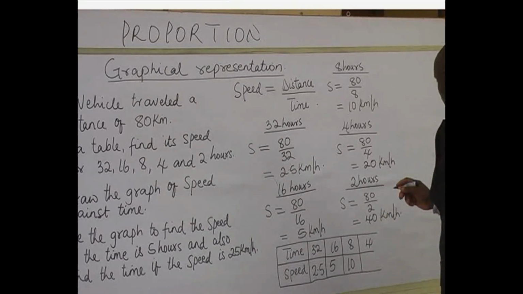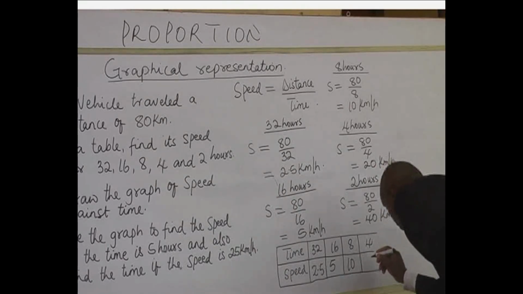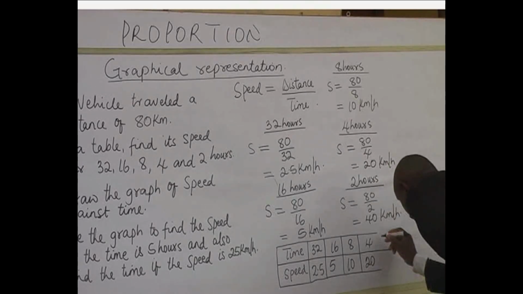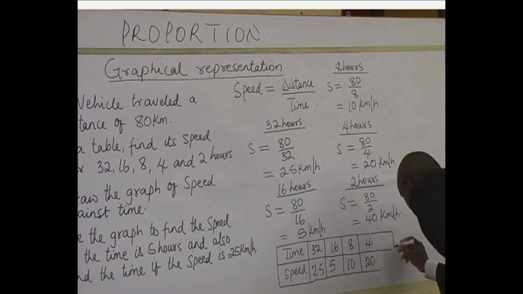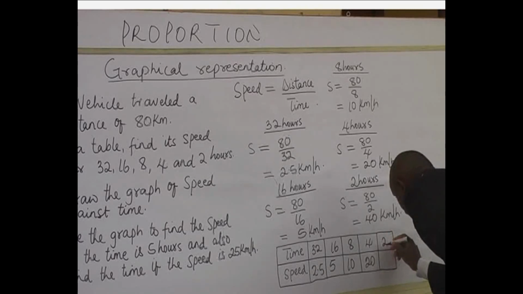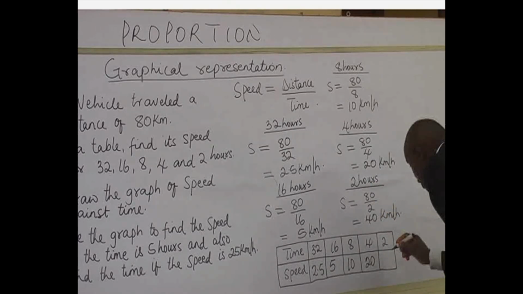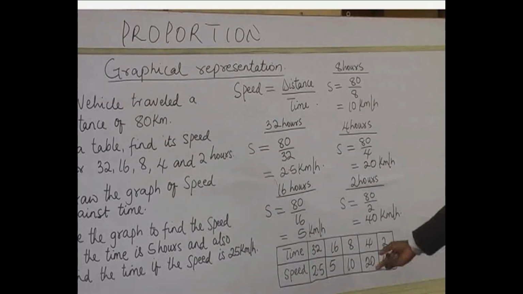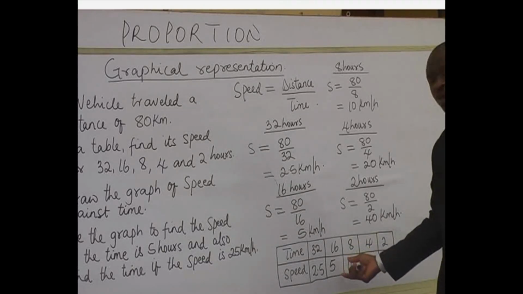We calculated speed to be 20 kilometers per hour. The last but not the least, when the time was 2 hours, we calculated the speed to be 40 kilometers per hour. So this is our table of values. It will be with this table of values that we are going to plot our graph and answer our questions.